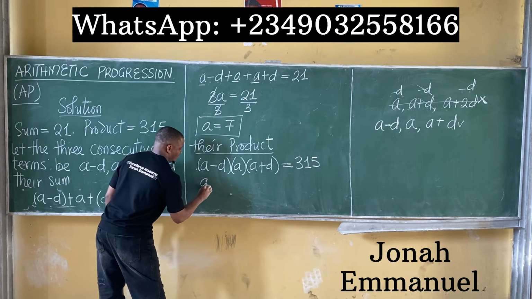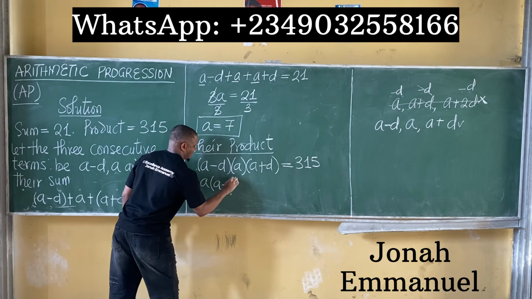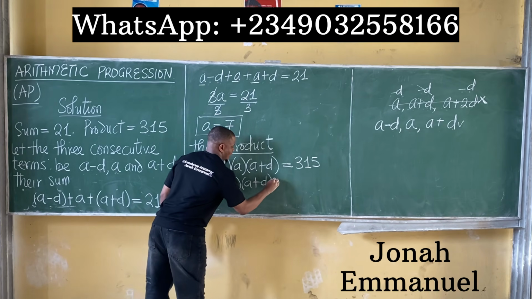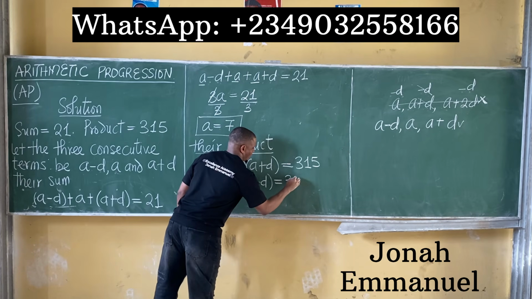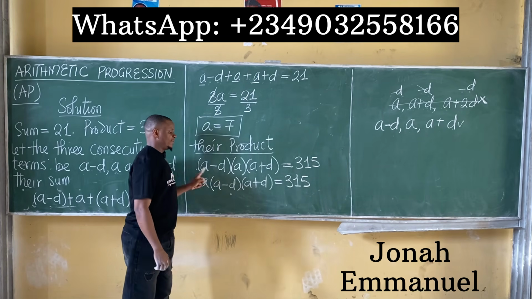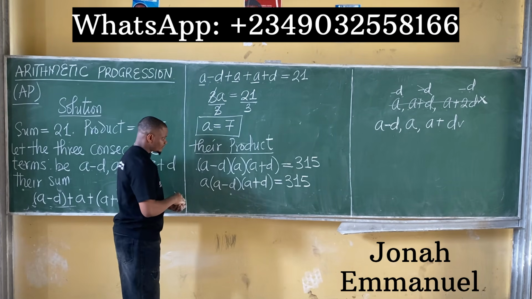So I have A into A minus D, then A plus D, equal to 315. I have repeated the same thing. I just brought the A outside here. That's all.